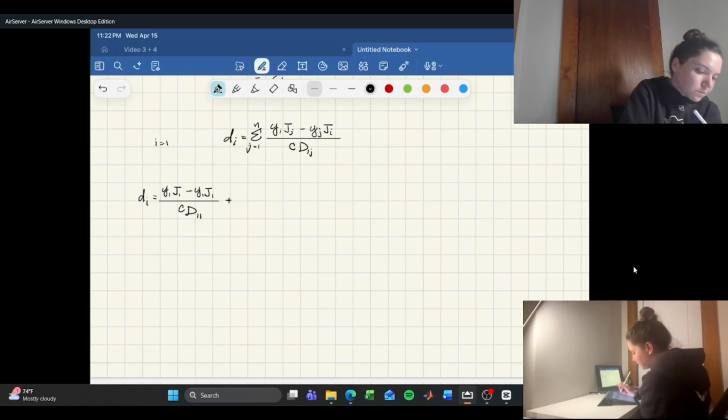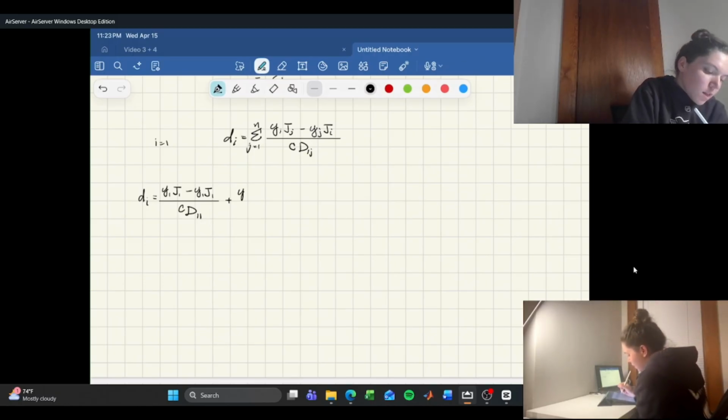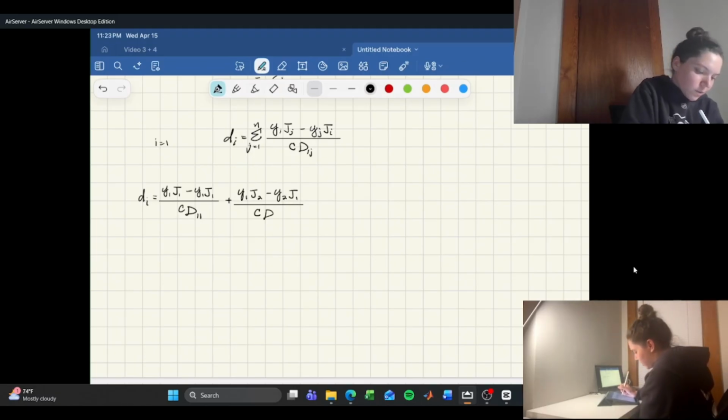So that's going to be plus the mole fraction of 1 times the diffusion flux of 2 minus the mole fraction of 2 times the diffusion flux of 1, over the concentration times the diffusion coefficient of 1,2.